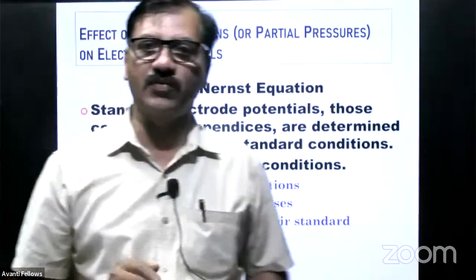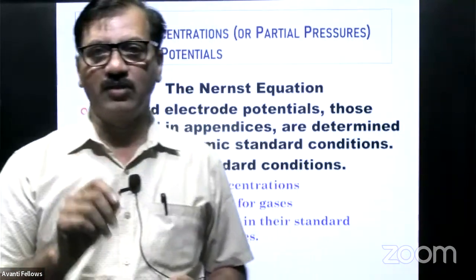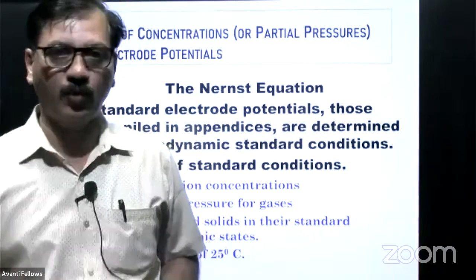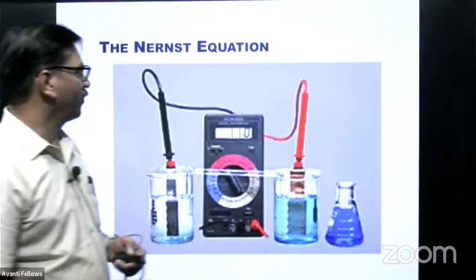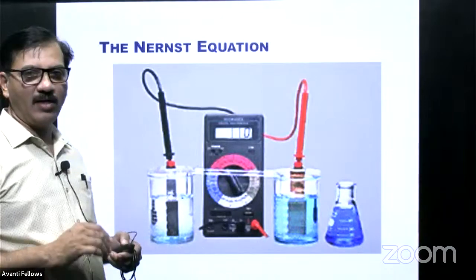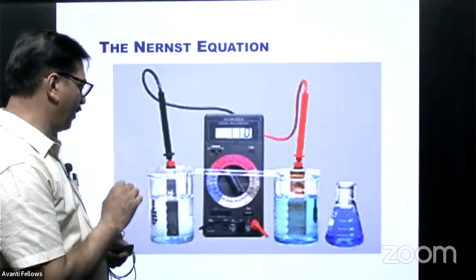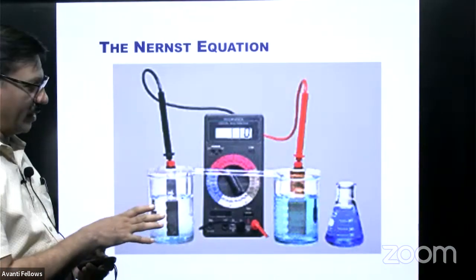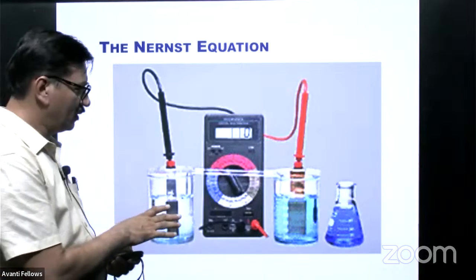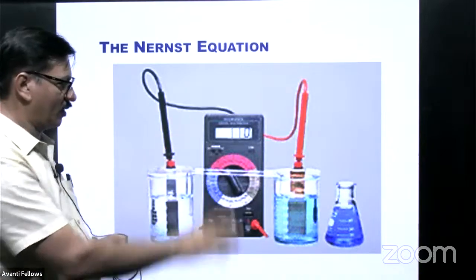These are the conditions when we measure the standard electrode potential. But if these are not the conditions, then the Nernst equation can be applied. It is a simple arrangement to find out the electrode potential values.